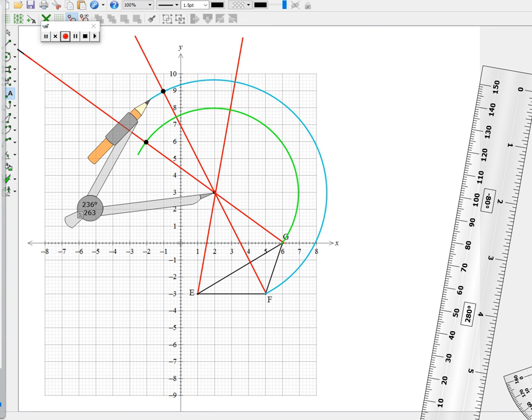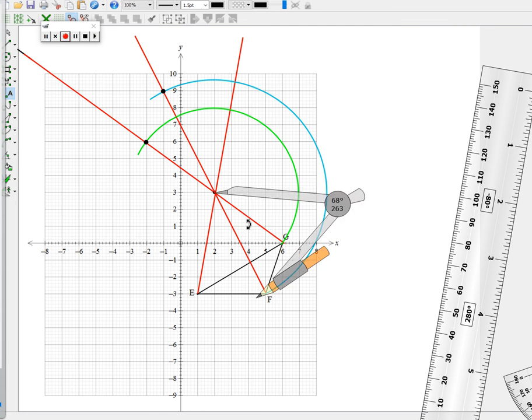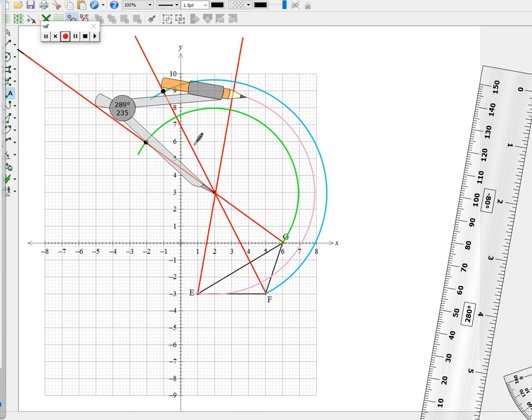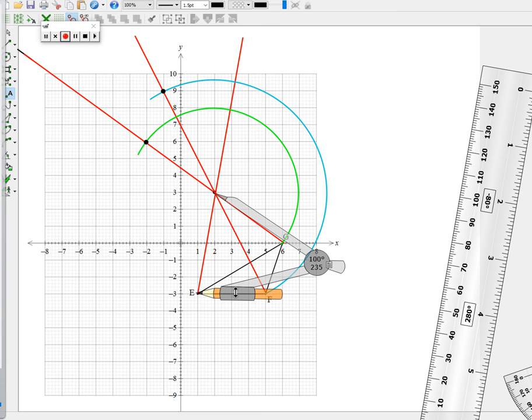And then for the final arc, swing an arc coming from E. Yes, I'm swinging a pink arc coming from E. Let me straighten this a bit.